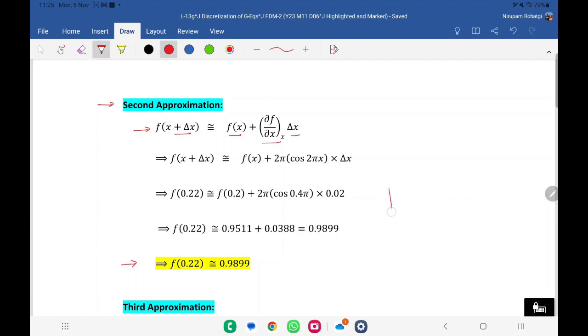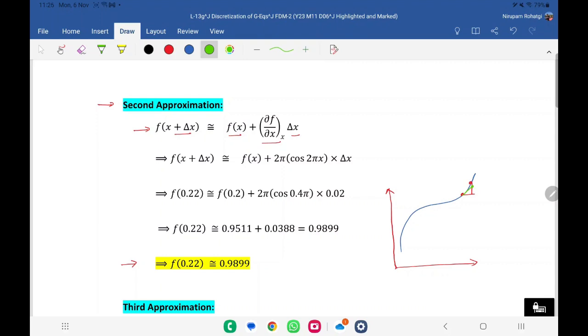Now how is it different from the previous one? Let us put it on the graph. I wanted to find the value at this point in terms of the value at this point. In the first case I said the value at this point is the same as this. In the second case I am saying the value at the second point is calculated like this, so you take help of the derivative also.